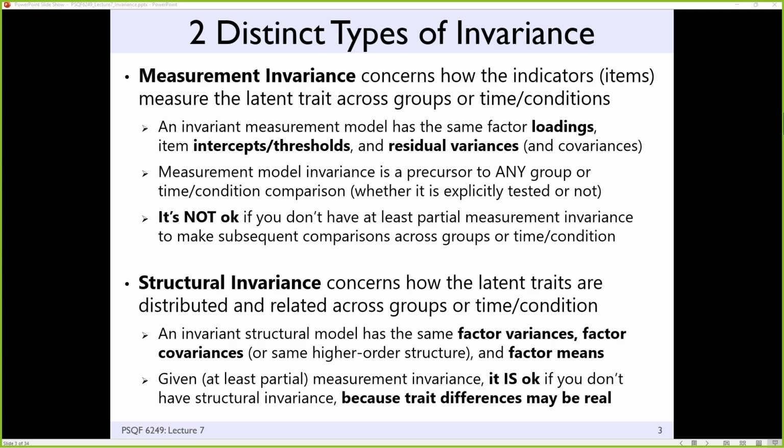So structural invariance is often a hypothesis test that you're interested in, and the answer either way is viable information that you'd want to know about. Do people change? Does this group have more of the trait on average than this other group? Those are questions. But we can't answer those questions with any degree of integrity until we know about the measurement part. Okay, question from Nathan.